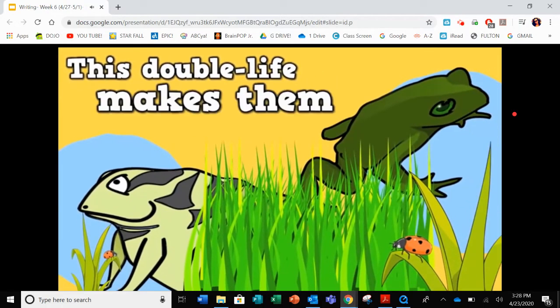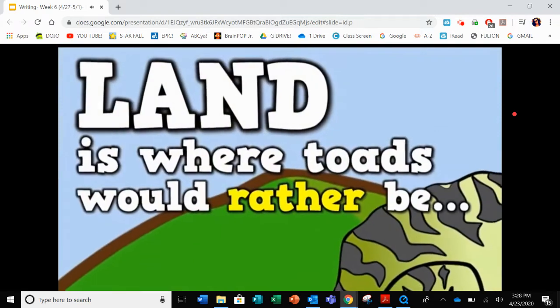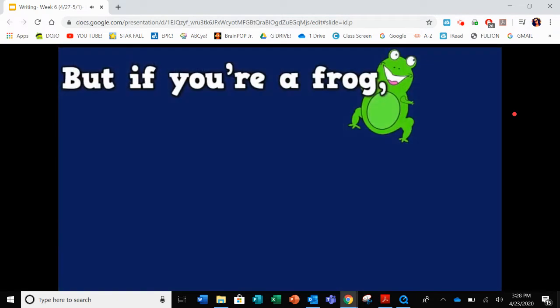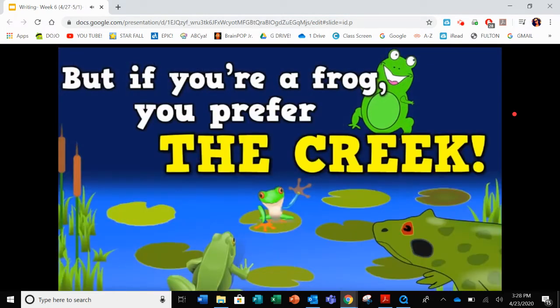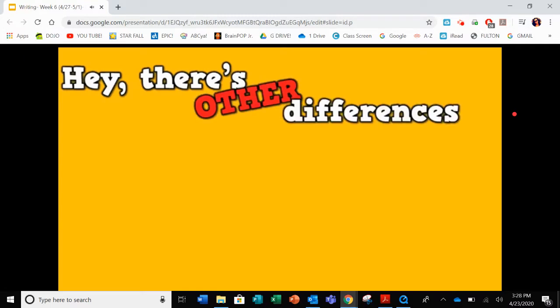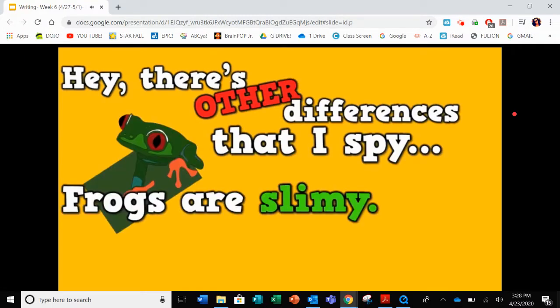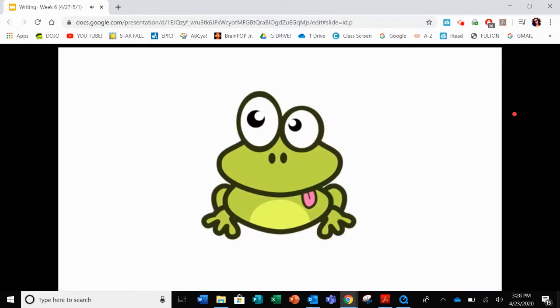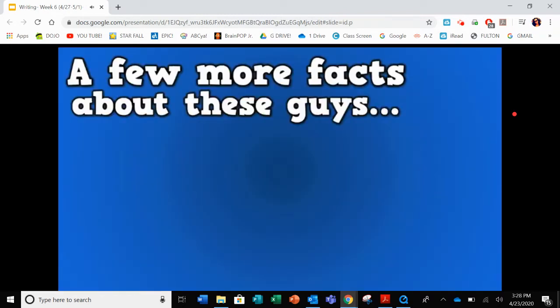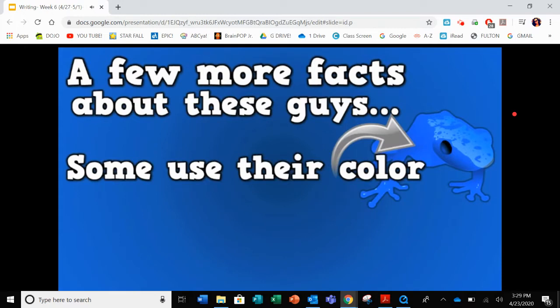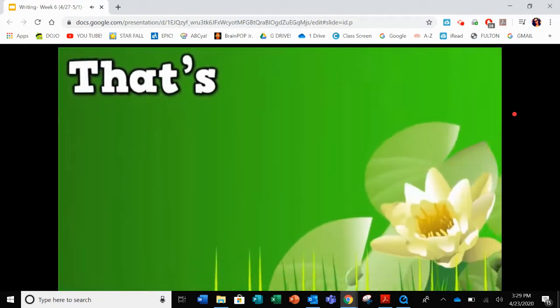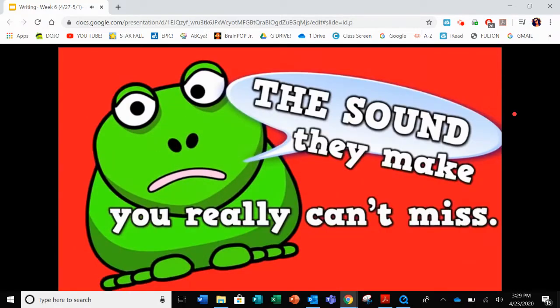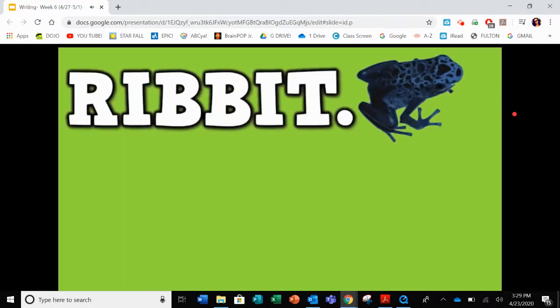This double life makes them amphibians. Land is where toads would rather be, but if you're a frog, you prefer the creek. Hey, there's other differences that I spy. Frogs are slimy, toads are dry. A few more facts about these guys. Some use the color as a disguise. That's camouflage. The sound they make you really can't miss.